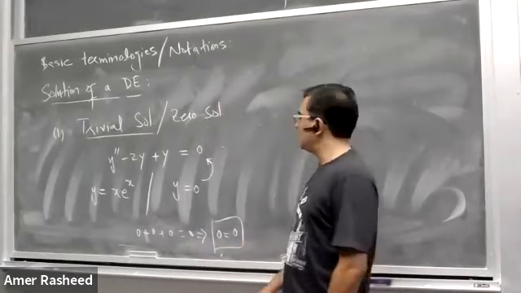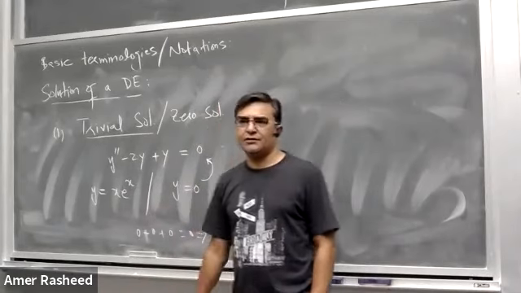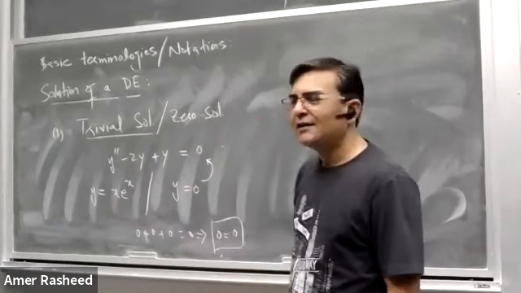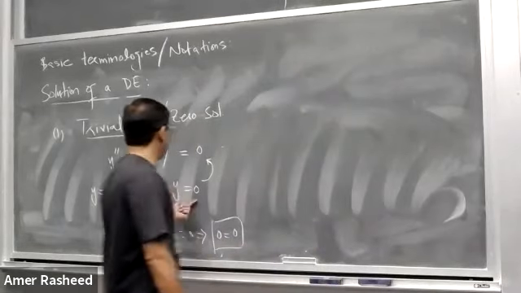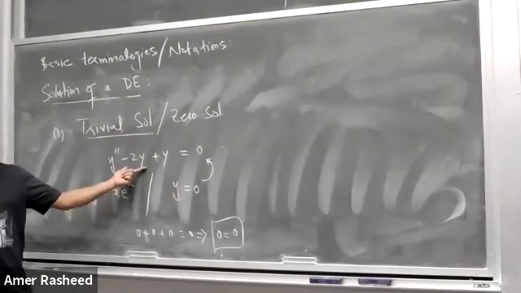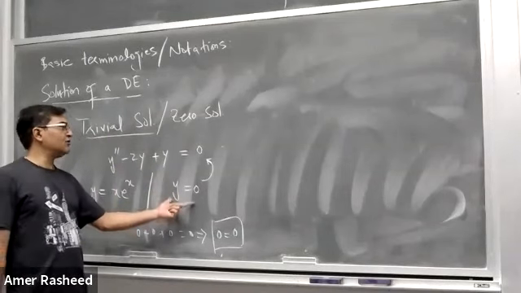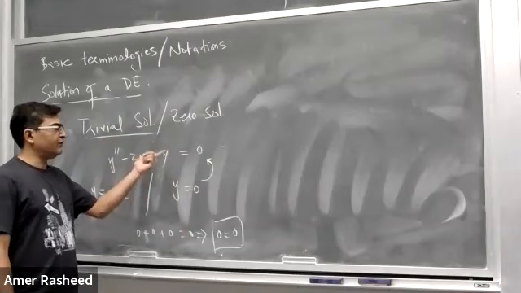So this is another solution of this differential equation. If y is equal to 0 satisfies the given differential equation, then y is equal to 0 is called a trivial solution or zero solution of the differential equation.